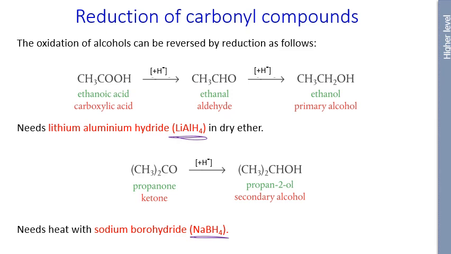The reduction equation is often represented by simply putting an H above the arrow, and this represents essentially the reducing agent, be it sodium borohydride or lithium aluminium hydride. Therefore, you can define the simpler equations as such.